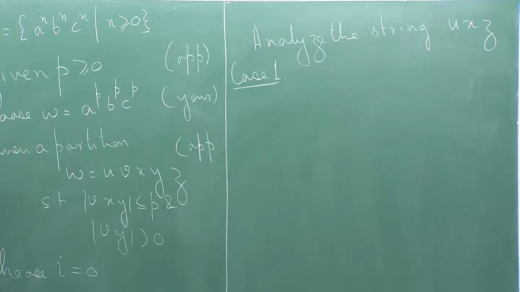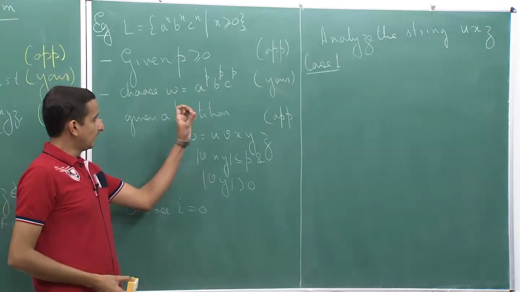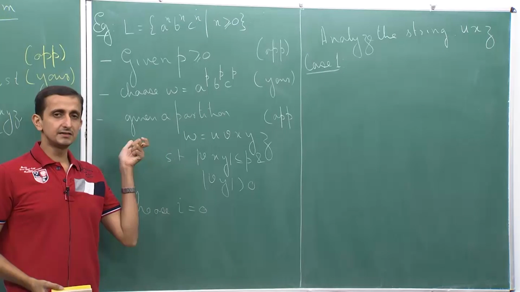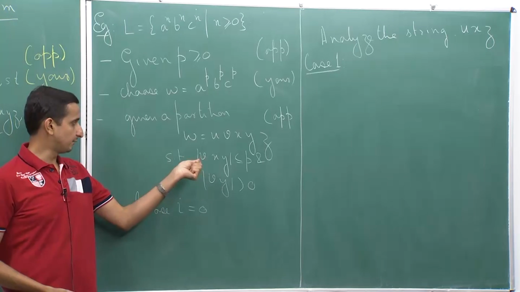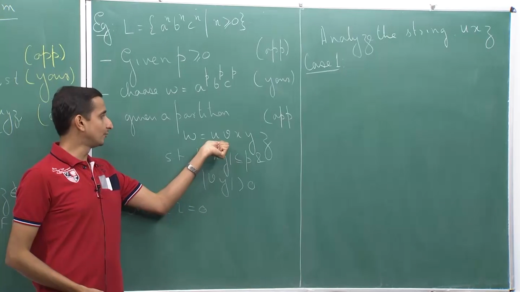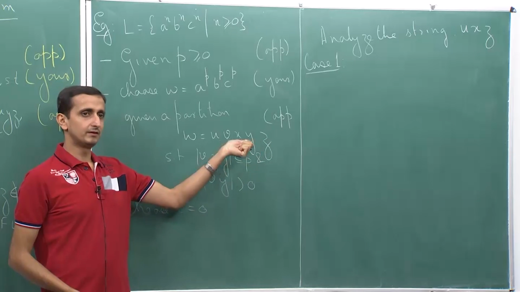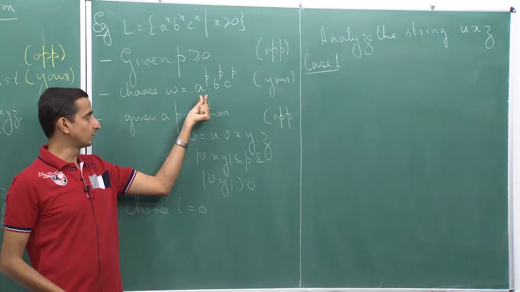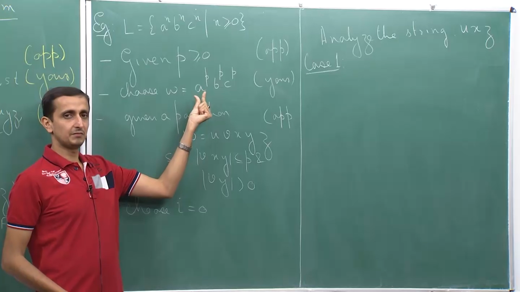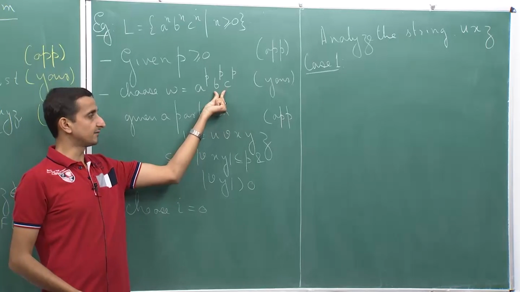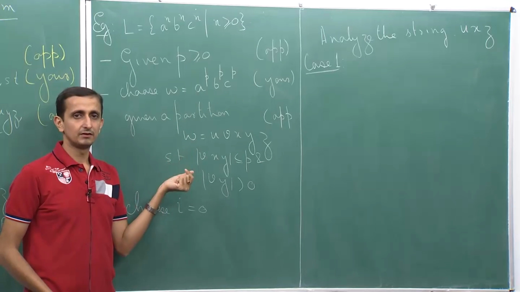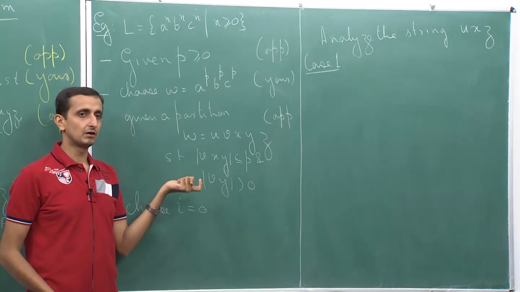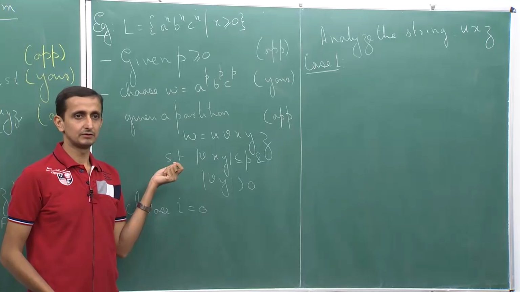Case 1 is when Vxy consists only of one symbol. Observe that we do not have any control over what u and z are going to be. So, what if Vxy consists only of a's, or only of b's, or only of c's? Any of the three can happen.